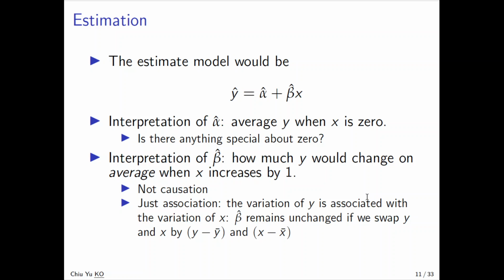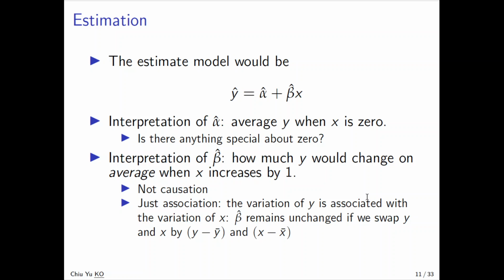So it's only meaningful if x has some values around 0. If x is way above 0, alpha doesn't mean much, because extrapolating from very large values of x down to 0 doesn't tell us anything, since the data you collected is around certain values. If the data doesn't include 0 or isn't near 0, then alpha hat doesn't mean a lot, okay. You can say something, but it doesn't have a lot of meaning.